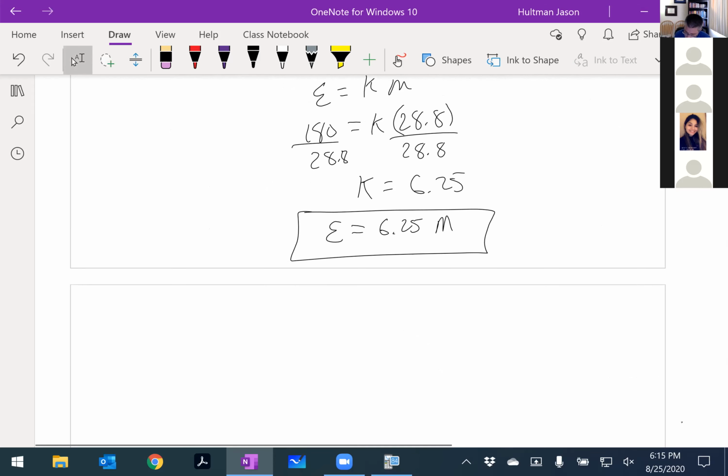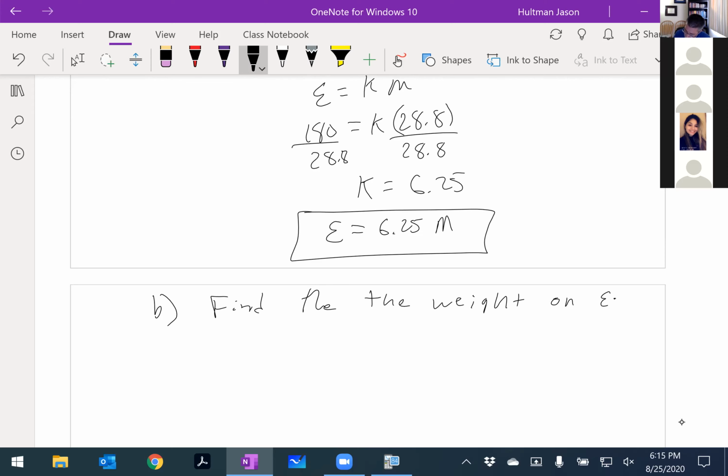So part B, find the weight on the moon of someone who weighs 120 pounds.